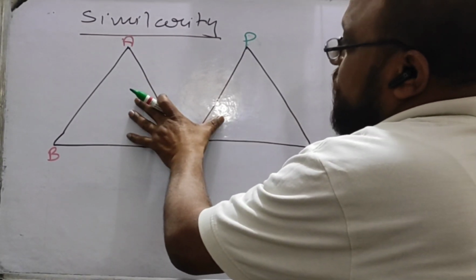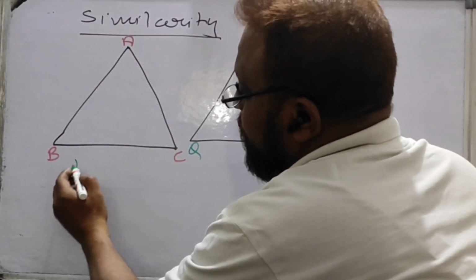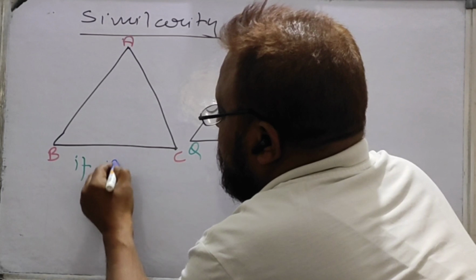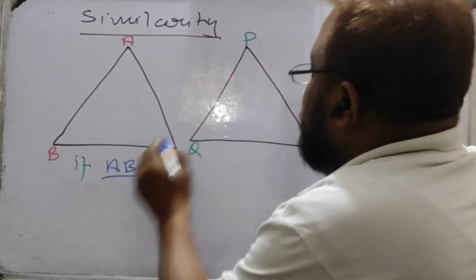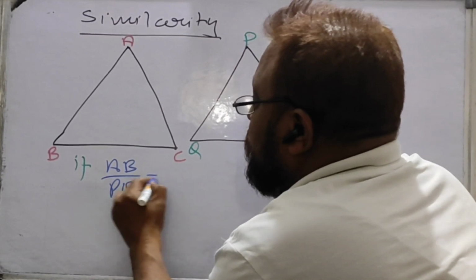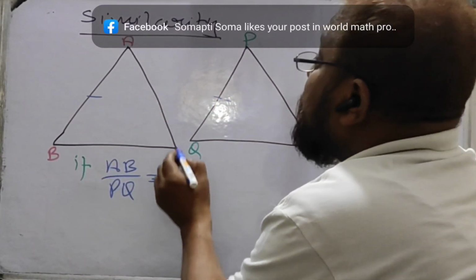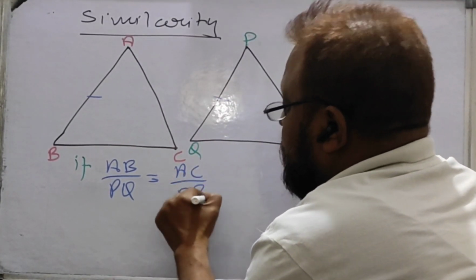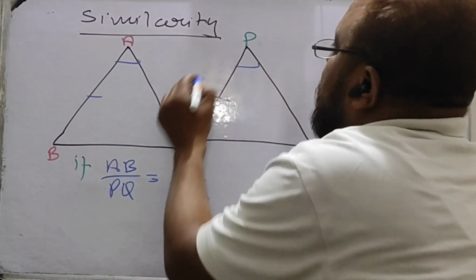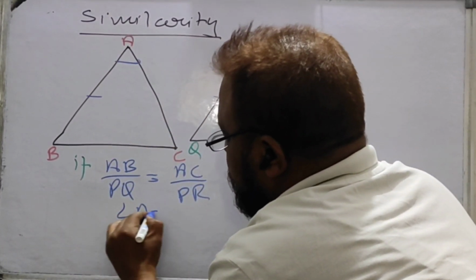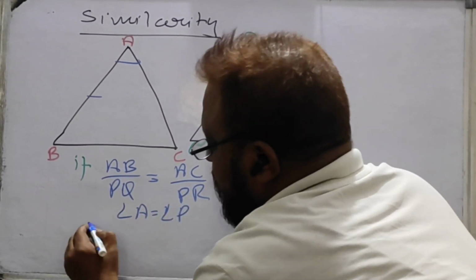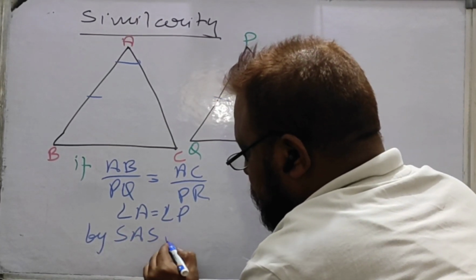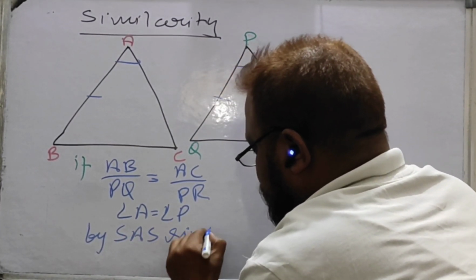These are two triangles. If the condition is like that, if AB upon PQ is equal to AC upon PR, and angle A is equal to angle P, then by SAS similarity.